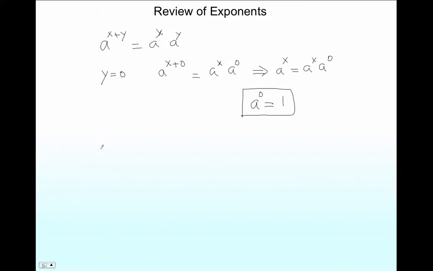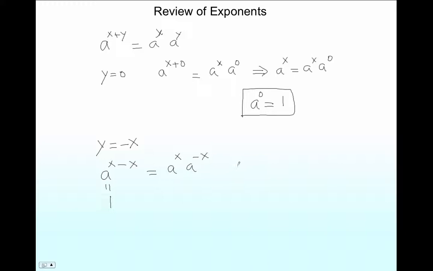Now, what does this say when y and x have opposite signs? This says that a to the x, and now instead of y over here, I'm going to put minus x. A to the x minus x is a to the x, a to the minus x. And now on this side, I have a to the power 0, so that's 1 from here.